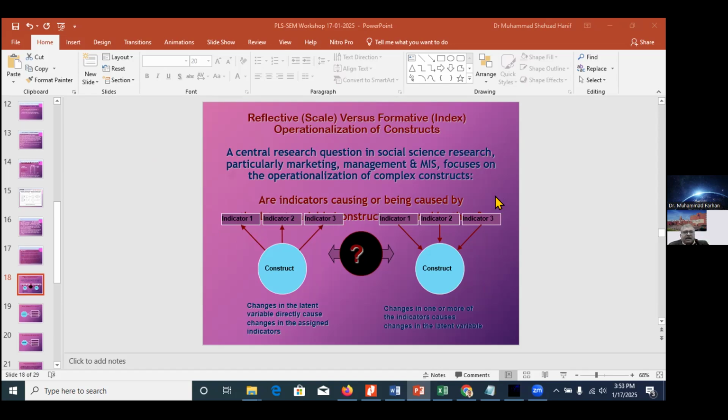While here, like we have a relationship between two variables when one variable is having an effect, in that sense indicator 1 has something to do with this construct.